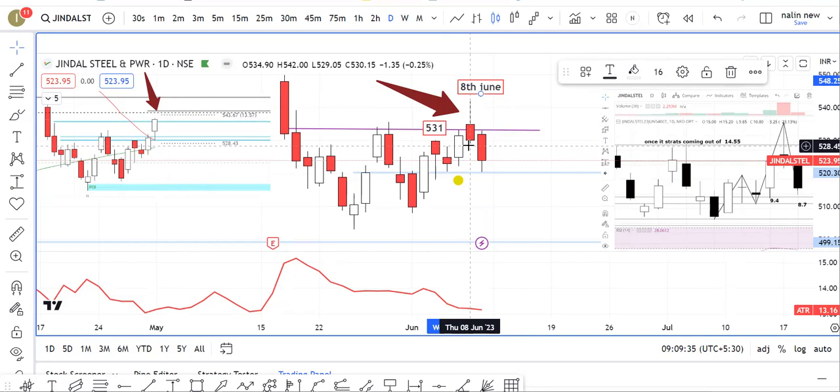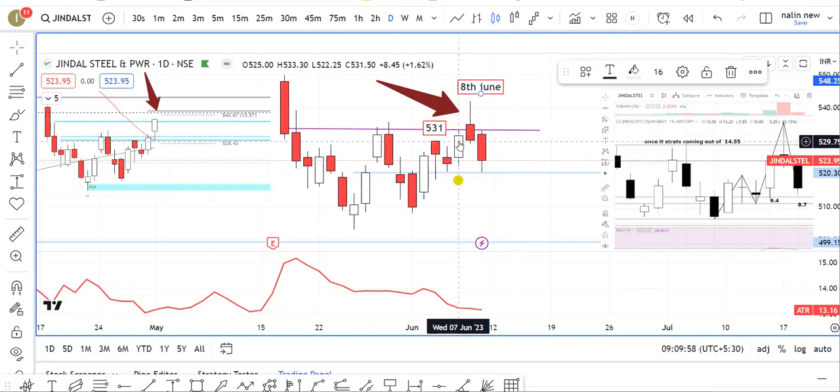Actually, what has happened in this stock is that it has retraced totally and made a low of 529 and closed around 530.